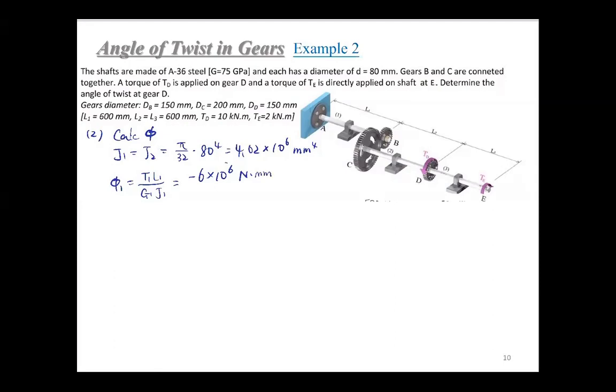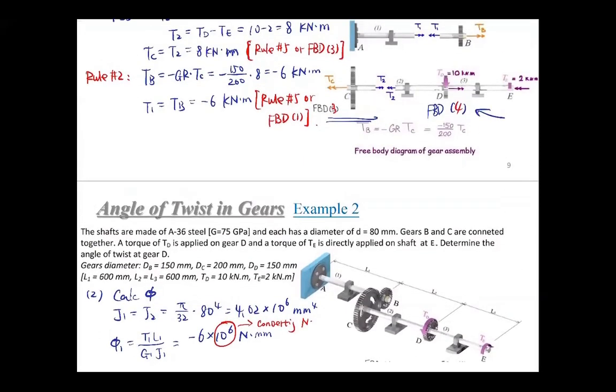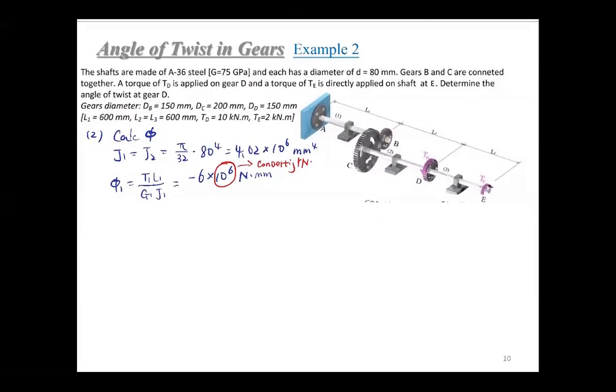Be clear why we added this: it converts kilonewton meter to Newton millimeter, so we're adding this 10 to the 6, the million here. L1 is 600 millimeter, over G, 75 GPa. We want MPa.